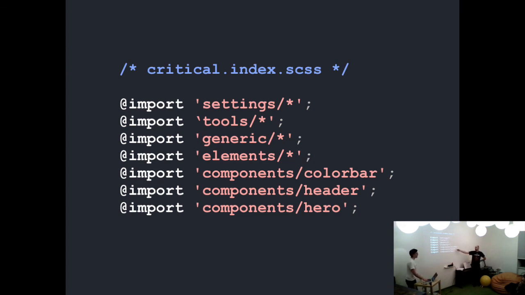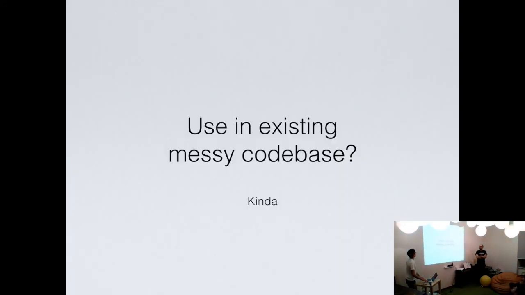You can be sure that in the header we only got header rules and not any other components. So it's really helpful, really. And thanks to that, you don't need any hard-working automation tools that claim they will extract the critical CSS, but usually they won't.